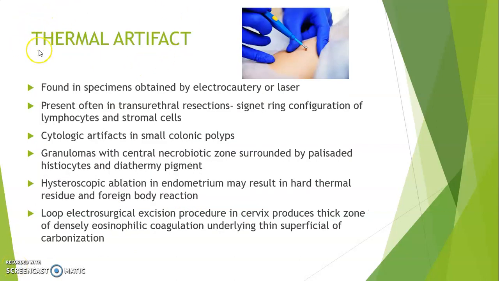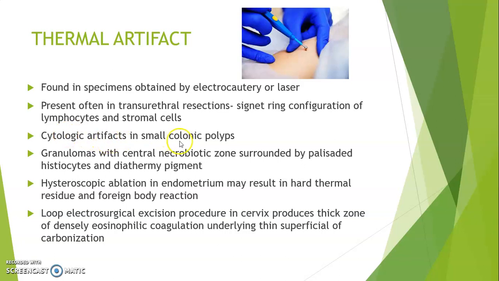The second procedure is thermal electrocautery, leading to thermal artifact. It is found in specimens obtained by electrocautery or laser. Present often in transurethral resections is the signet ring configuration of lymphocytes and stromal cells.